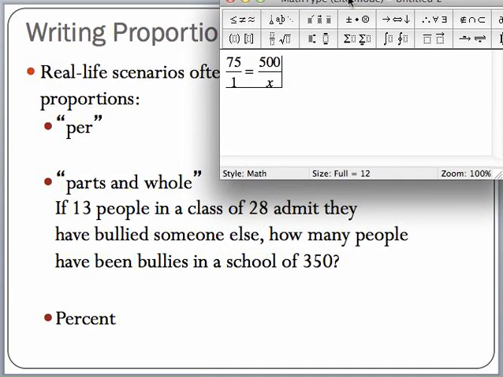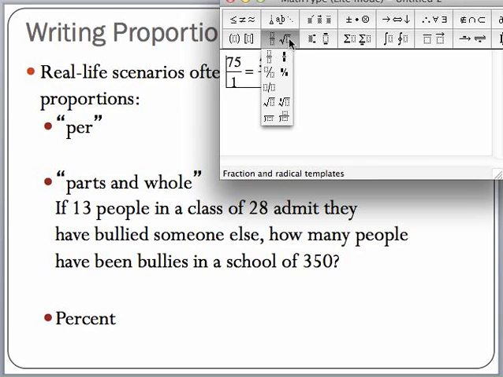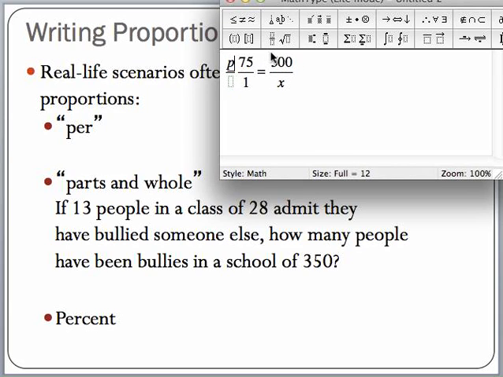And for these, I'm going to make sure that my proportions have the shape of a part on top and a whole on the bottom. So in my class, I had 13 people, that is part of the class, so I'm going to write that on top, that had admitted to being bullies, and 28 was the total number of students in my class. And then when I jumped to my entire school, I don't know how many of them are bullies, so I'm going to call that x.